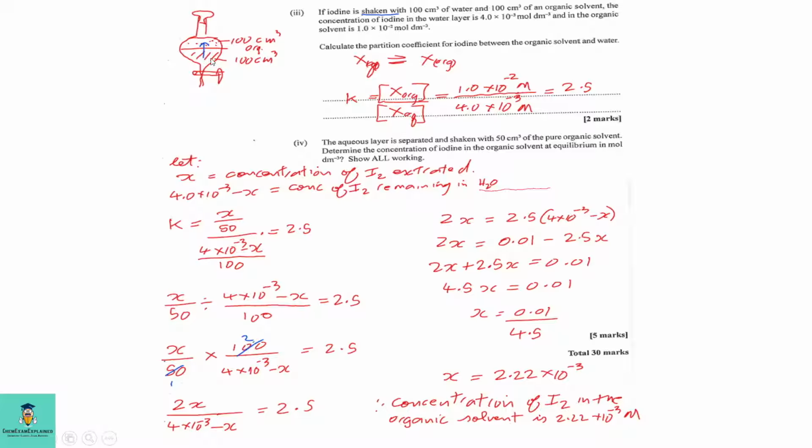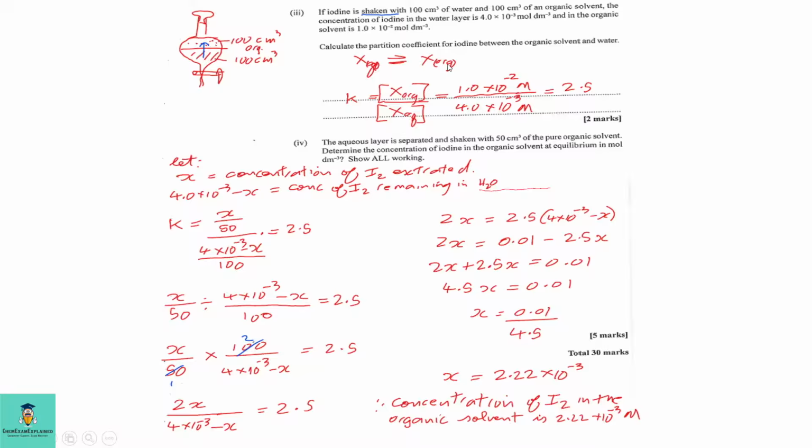So you're going from aqueous to organic. This is water here, and it is moving from the water to the organic solvent. If that is the case, the equation must be X aqueous, reversible arrow, X organic. So the iodine is moving from the aqueous layer into the organic layer.